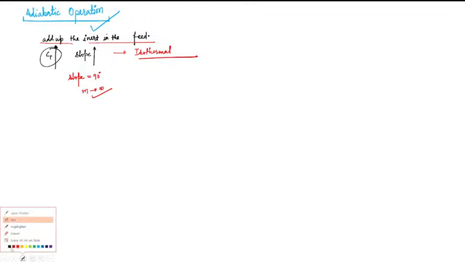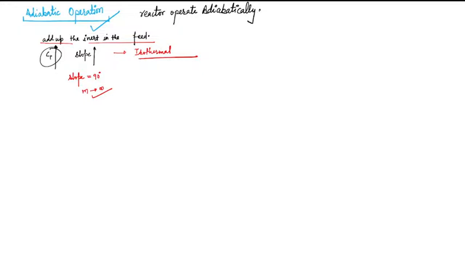For an exothermic reaction, minus delta HR reaction is positive, so the slope is positive. The slope is Cp divided by minus delta HR for reaction.